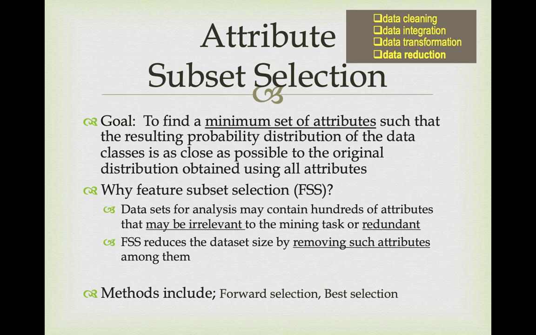Because a data set for analysis may contain hundreds of attributes that may be irrelevant to the data mining task or redundant. So please keep in mind that we are still in data reduction. We want to reduce the data. Feature subset selection reduces the data set size by removing such attributes. The methods include forward selection and also best selection.